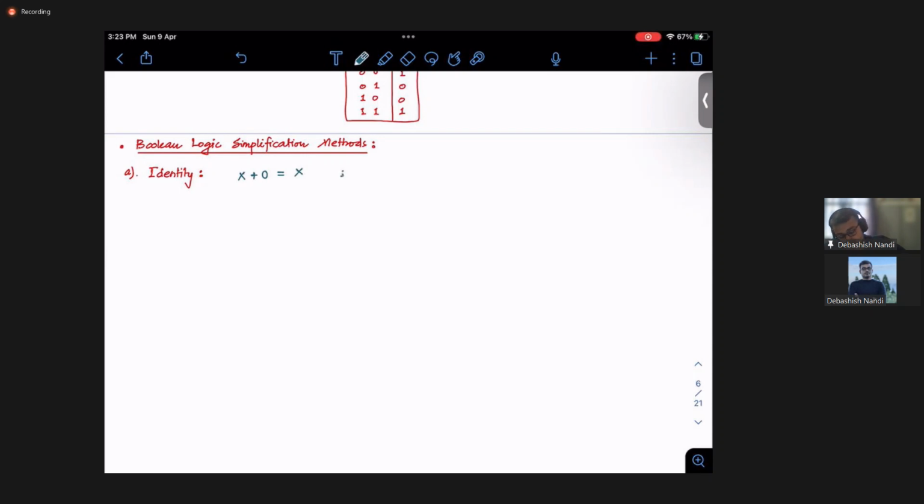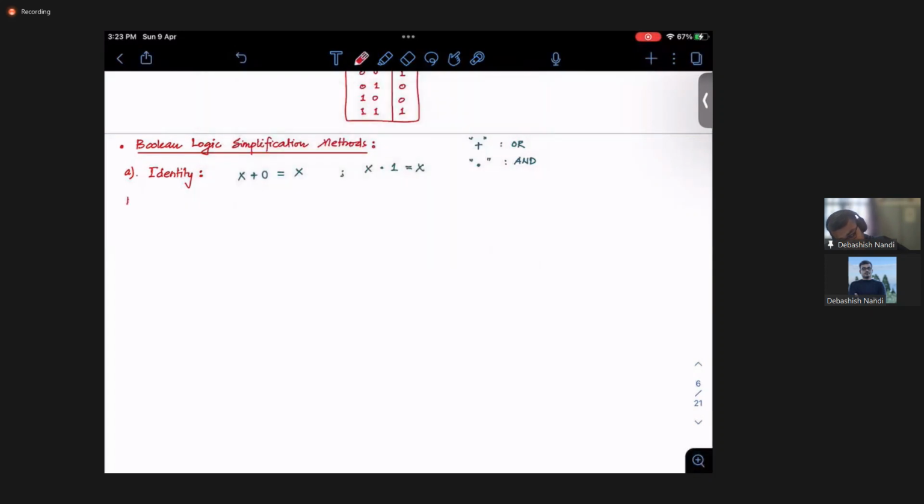Basically, add means here the OR operation. From here onwards, you will read this as OR operation, and this you will read as AND operation. So x OR 0 gives you x, and x AND 1 gives you x, right? This is called identity.